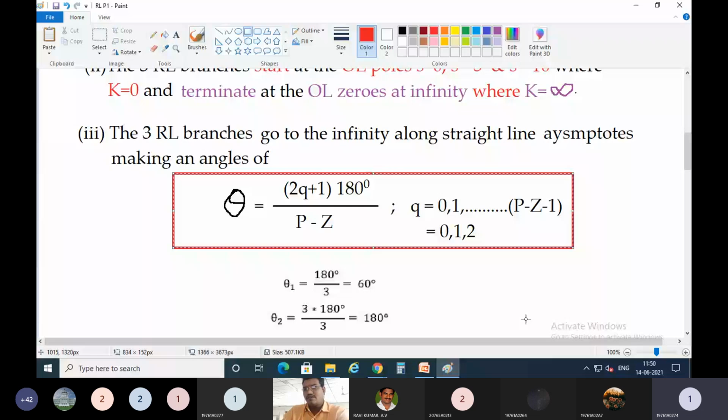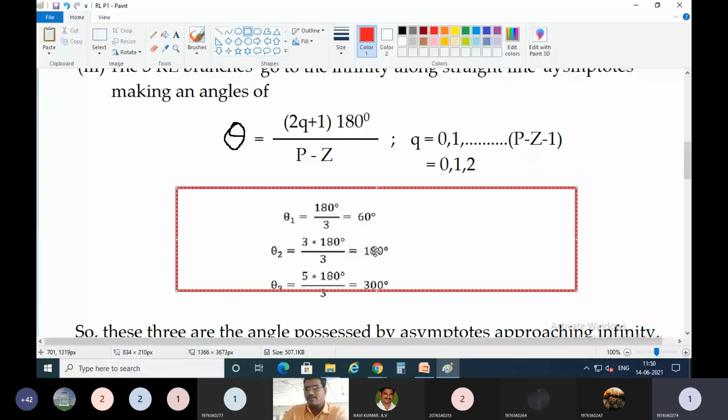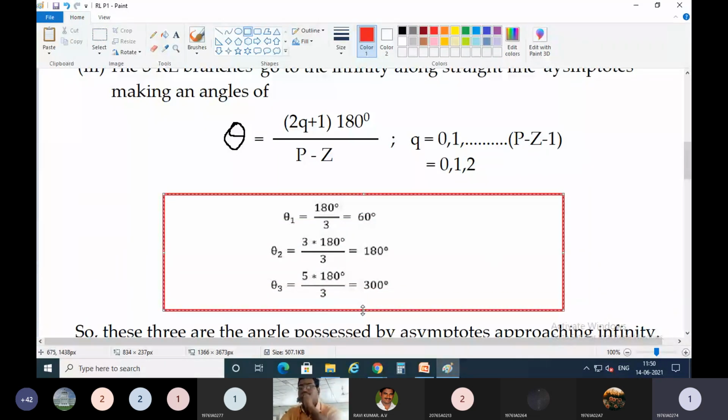Now if you apply q equal to 0, what is the angle of asymptote value? 180 by 3, that is 60 degrees, sir. Next, if you apply 1, 3 into 180 by 3, that is 180, sir.